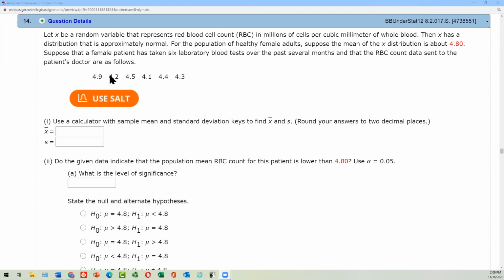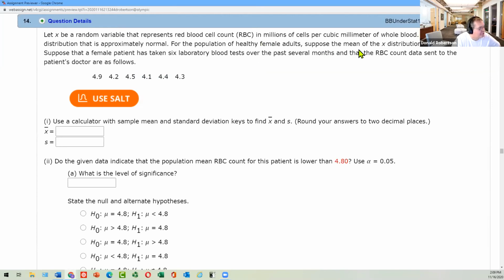It says the mean is, yeah, right? Let me check. For the probability, suppose that the mean of x, oh. Yeah, but this is for healthy people. It's 4.8. So they've told us that mu is 4.8.